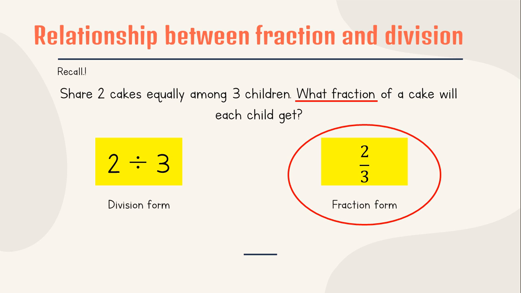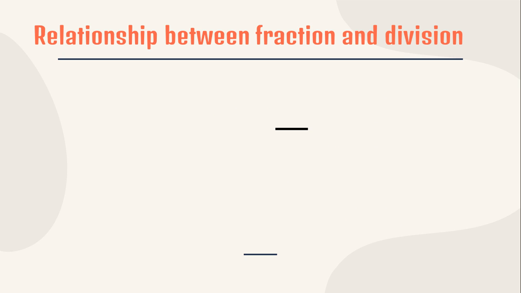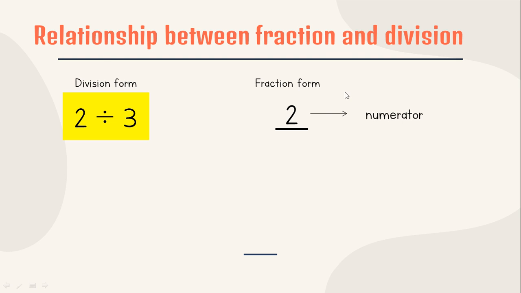So what is the relationship between fraction and division? Look at here. From the previous example, we know that 2 divided by 3, and 2 here is the dividend and 3 here is the divisor. So whenever we want to make it into a fraction, this dividend will become the numerator, remember?